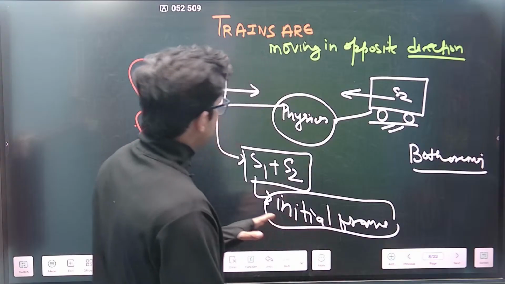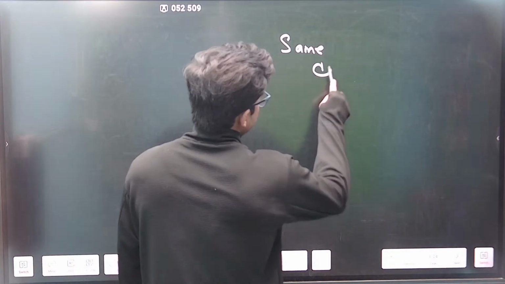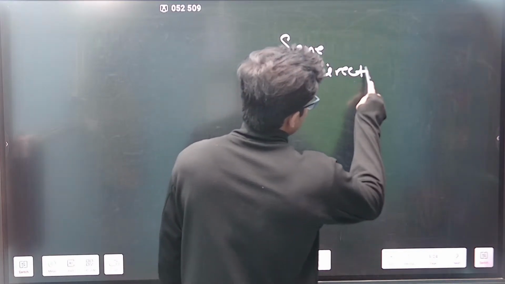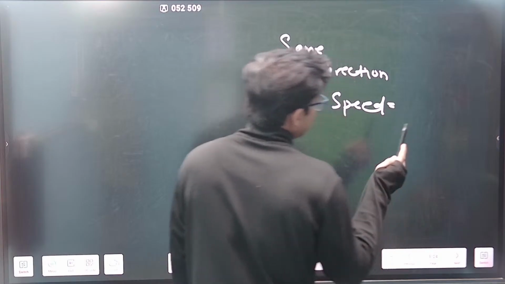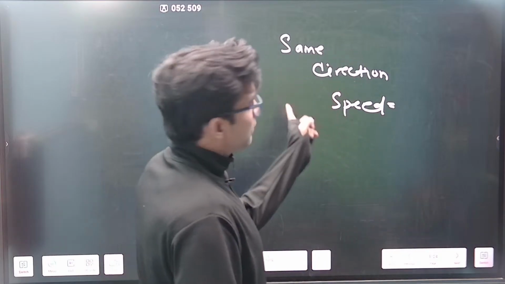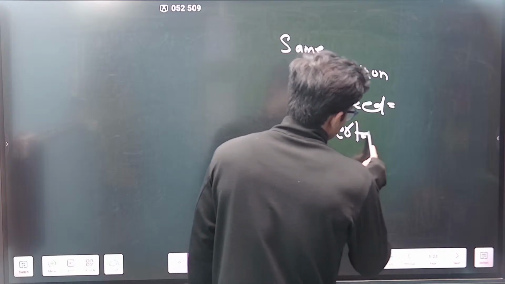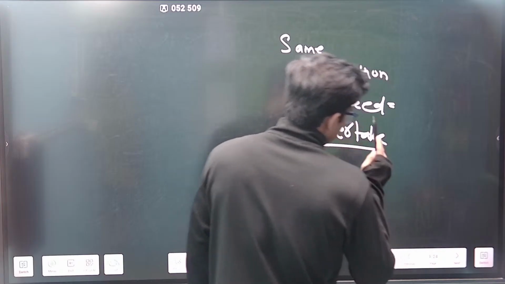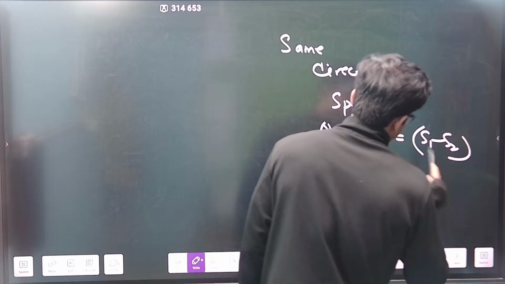I hope you understood. So in short, you can write down: same direction, speed gets subtracted. Why? Again, when you see same direction, always keep in mind overtake will happen, and whenever overtake happens, you will need to subtract the speeds.